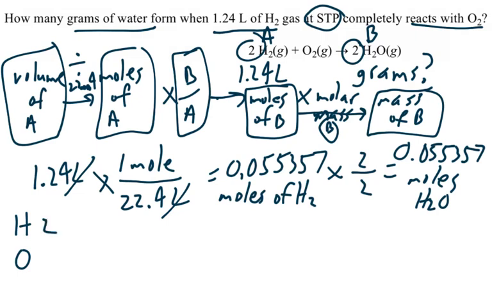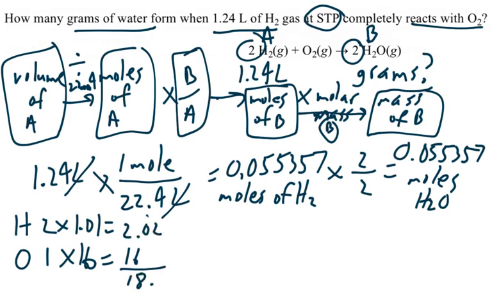There's 2 hydrogens in water, 1 oxygen. Hydrogen's 1.01. Oxygen is 16. So you got 2.02 here, plus 16. You got 18.02 as your molar mass of water.